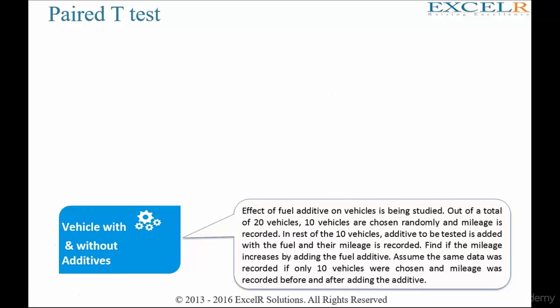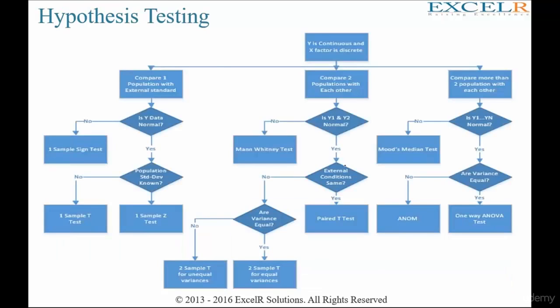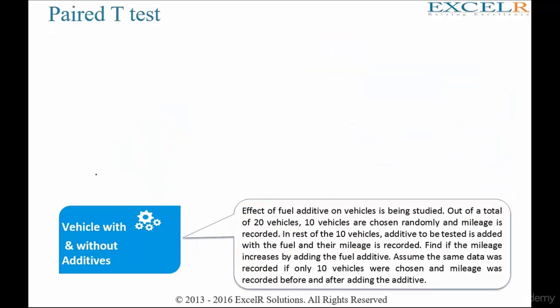So if that's the case, then it means that the external conditions are the same. But even before we proceed with the external conditions, we need to check for normality. And we have already seen that with additive is non-normal. It is not normally distributed.